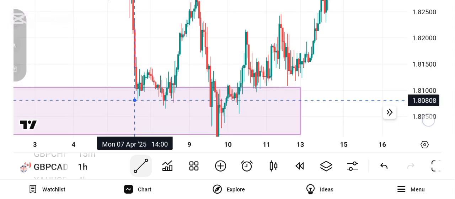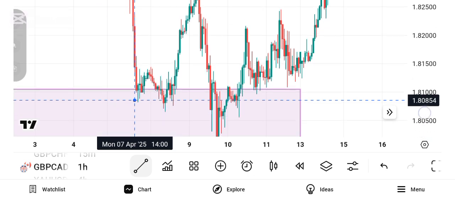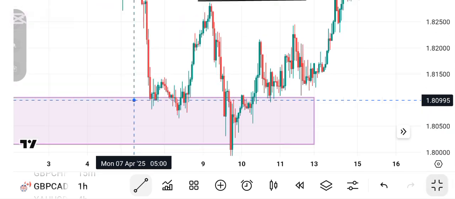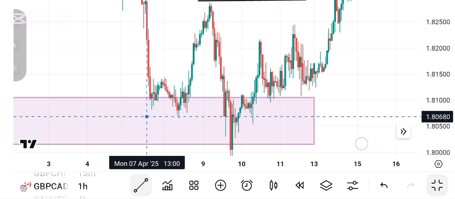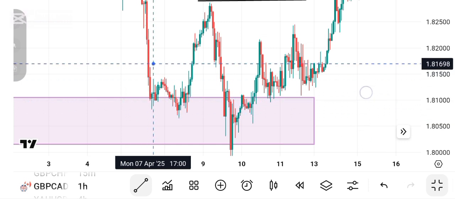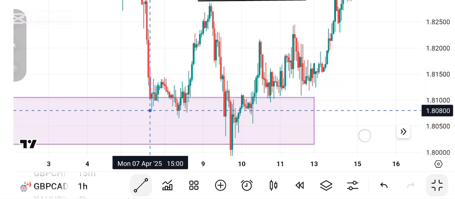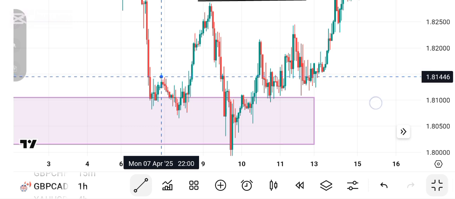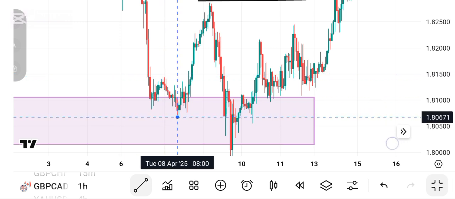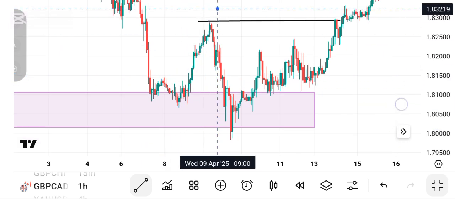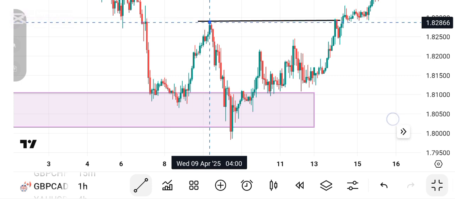Now, if you take a close look at this zone right here, you can see that this is a low and this is a high. This is a low and this is a high right here, right?